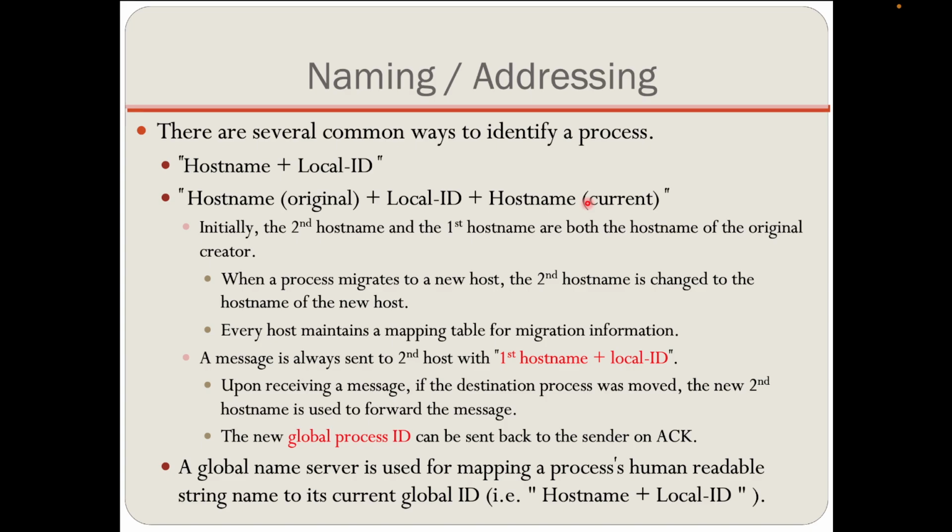But this kind of information will generate a lot of traffic, because when a lot of processes run in a typical size of system, they may have 1,000 computer nodes. Every node will maintain this table, and at any given time they may have 10,000 or even a million processes in the system.